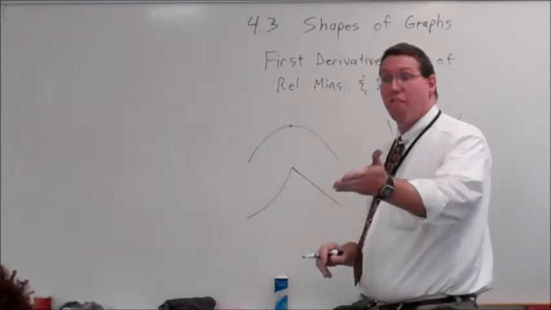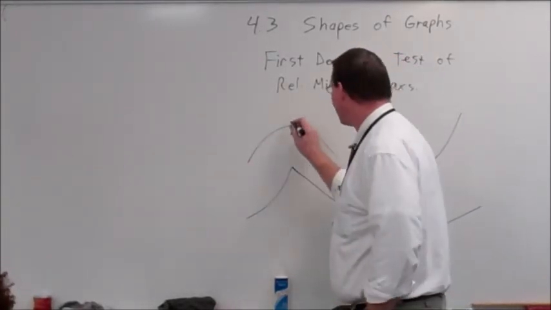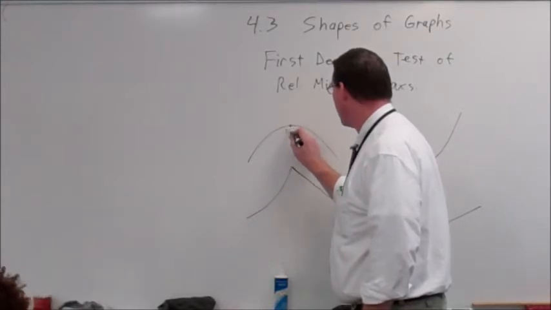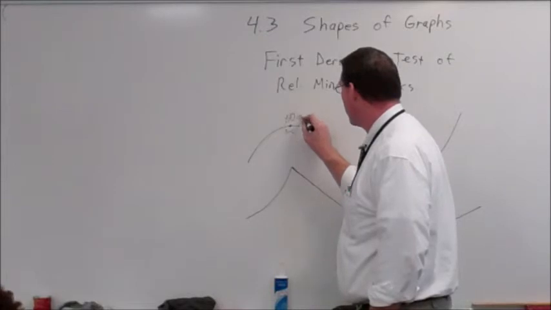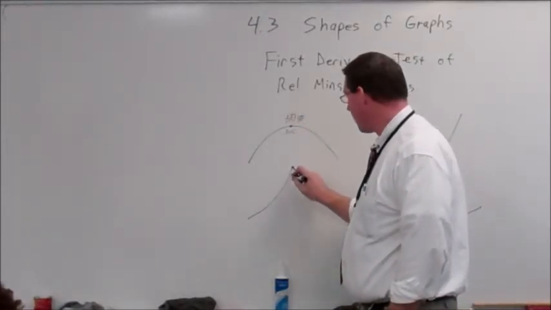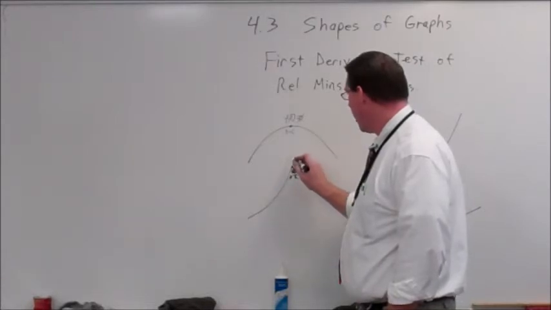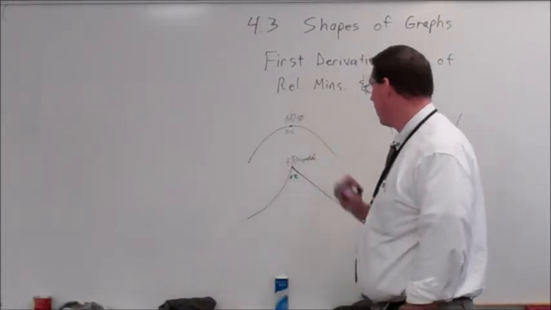Yeah, the slope is flat. The slope is 0. It has a horizontal tangent line, right? So at that point, we're going to call that x equals c, and we know that f prime of c equals 0. At this point, we're going to say that that's x equals c. F prime of c is undefined, right?